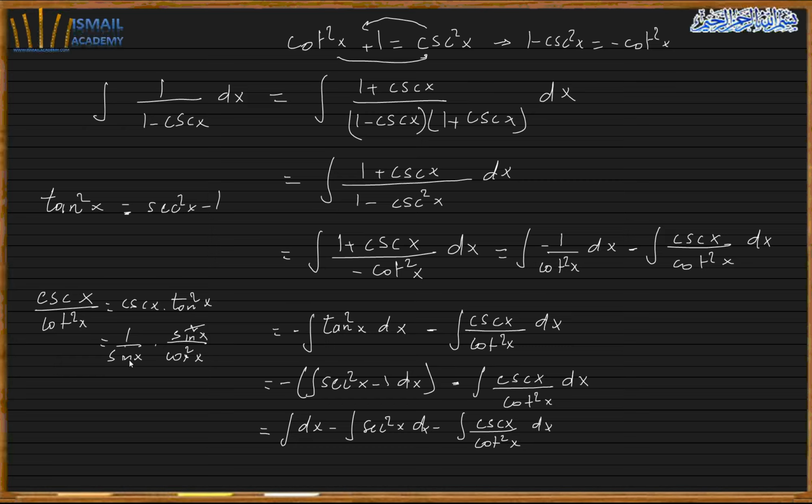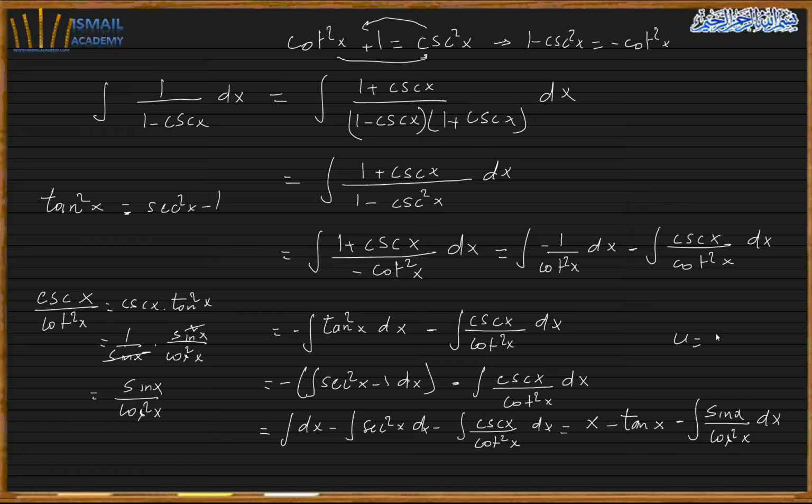So if I simplify the sine, I will have sine x over cosine squared x. So here is the same thing: I have x minus tangent x minus the integral of sine x over cosine squared x dx, and here I use u substitution, which is what we did before.